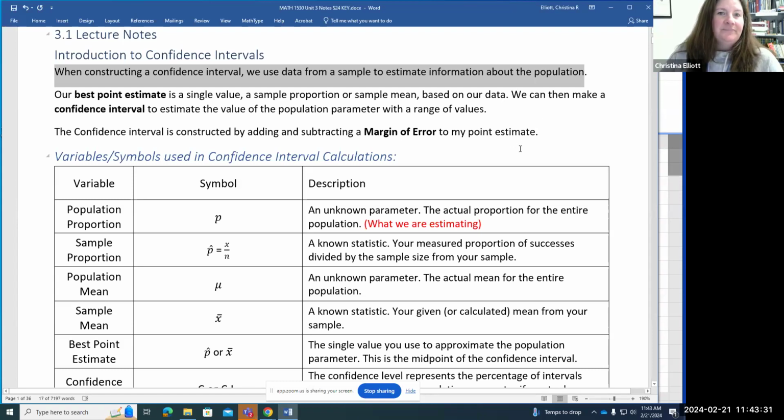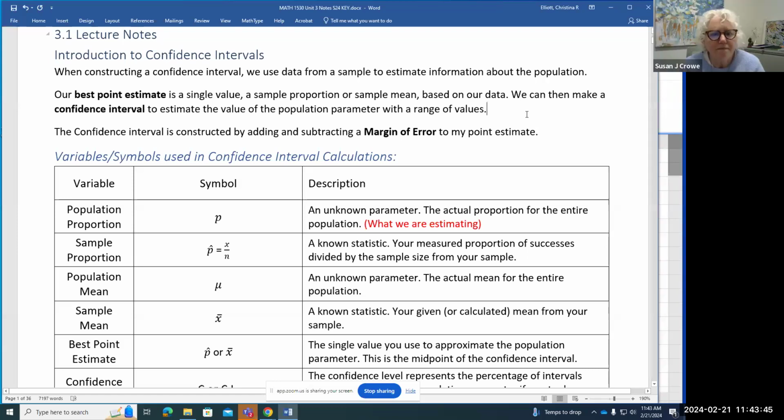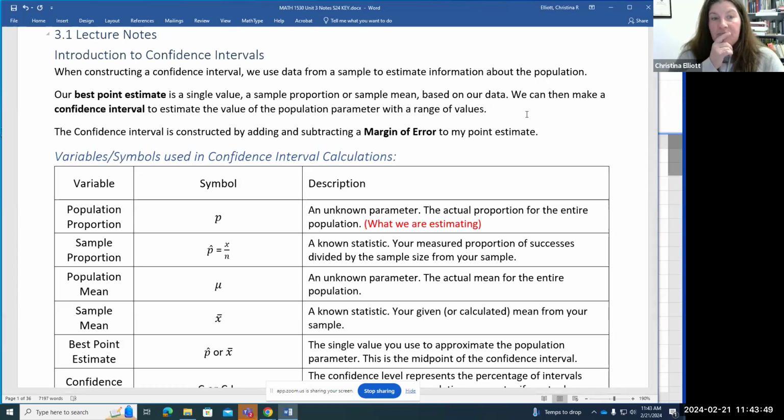So we're going to do two different kinds of confidence intervals. We're going to make confidence intervals to estimate a population proportion and to estimate a population mean. This first section is about proportions, and our point estimate is a sample proportion.